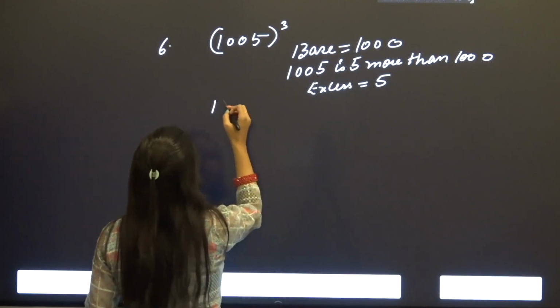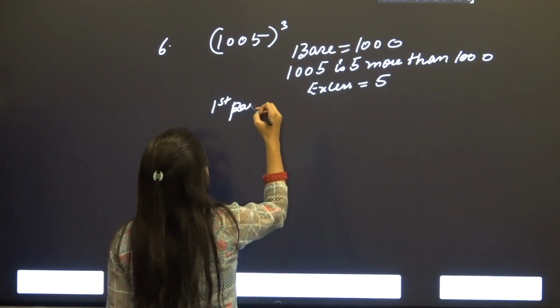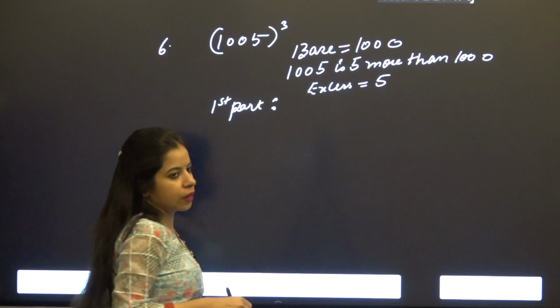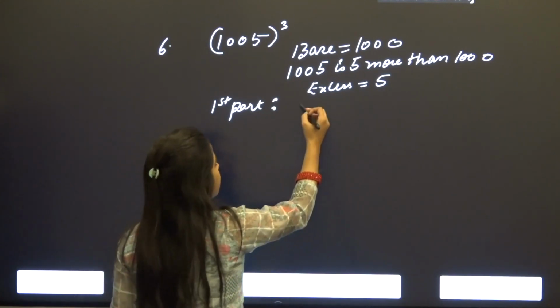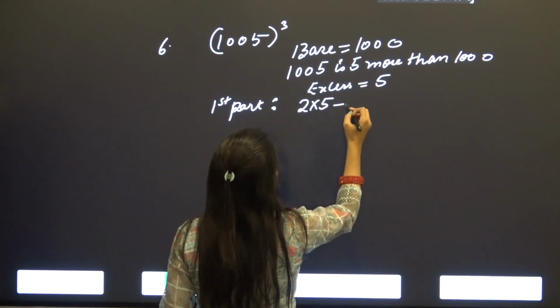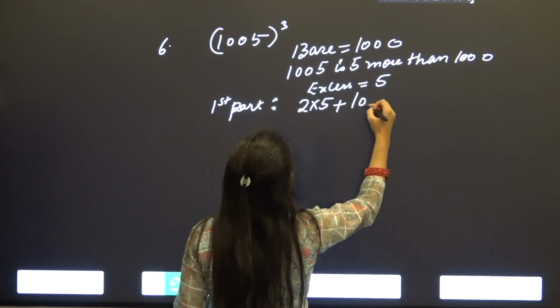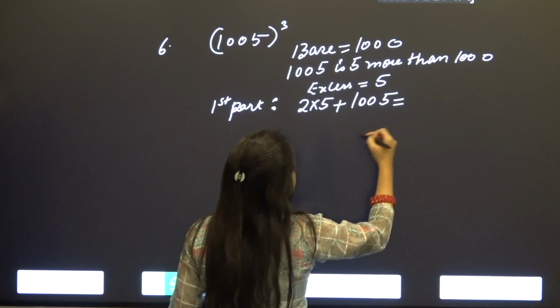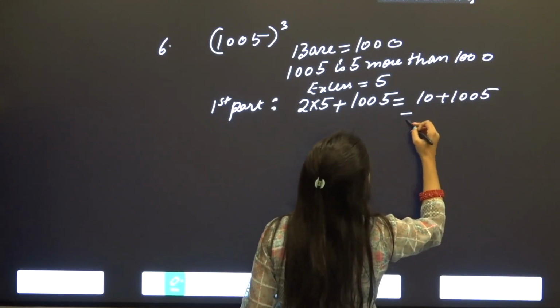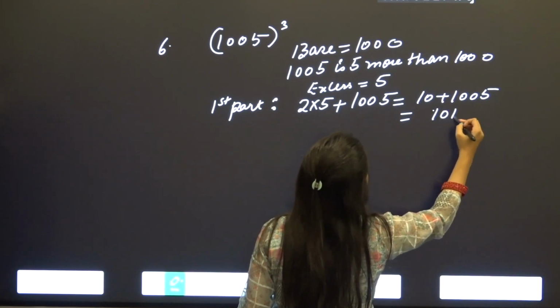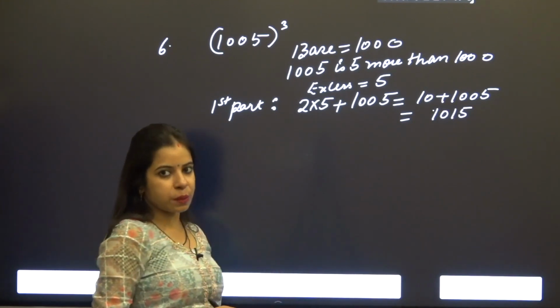For the first part, take the twice of the excess, which is 10, and add it to the original number. So, this is 10 plus 1005, which is 1015. This is the first part.